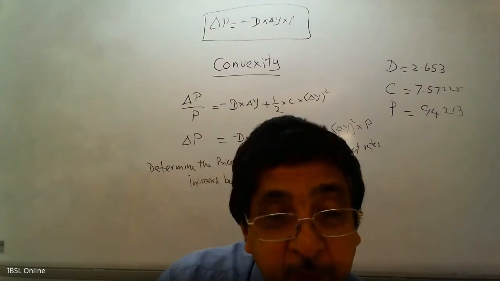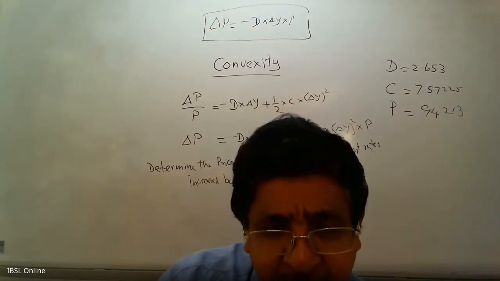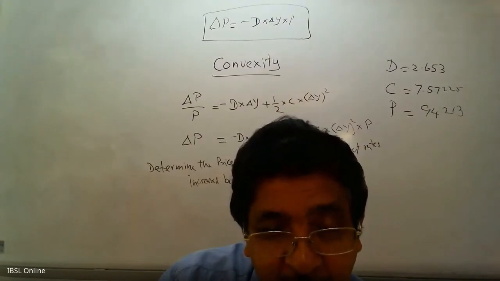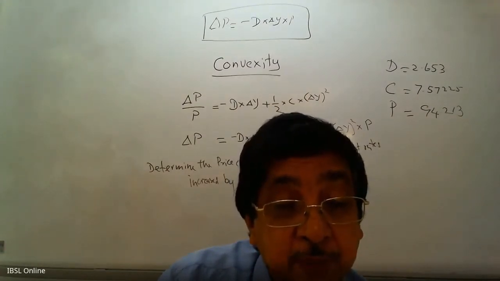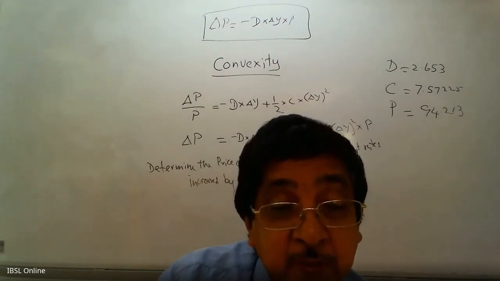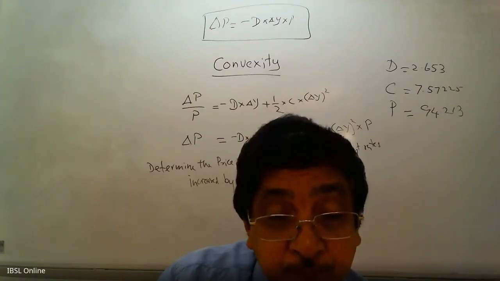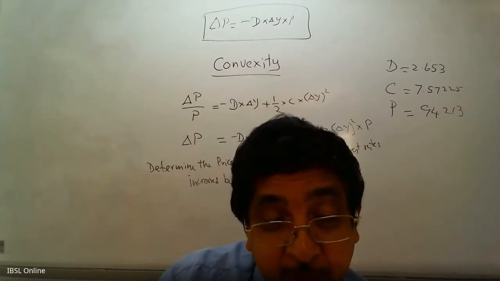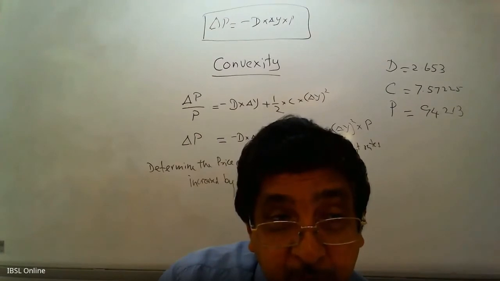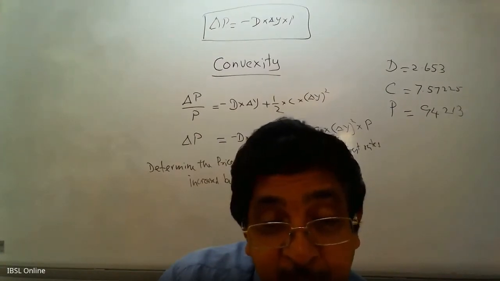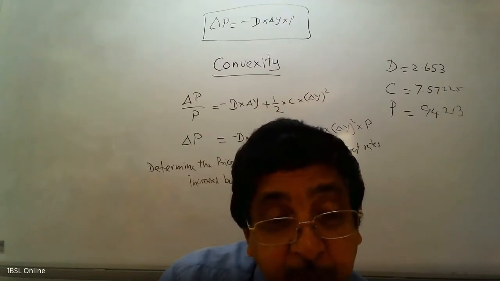Now, as I told you, this is a very good concept. The concept is very valuable in your analysis. When you do some bond portfolio management, you will see how your portfolio value comes down. But there are situations, as you can see for the last couple of months, where interest rates have been becoming lower and lower.